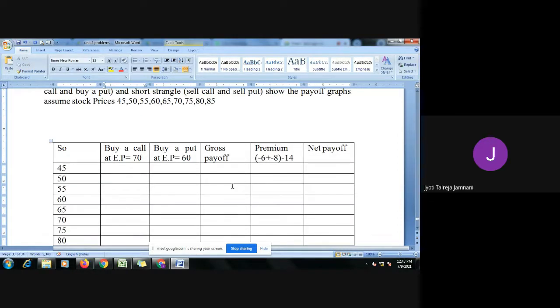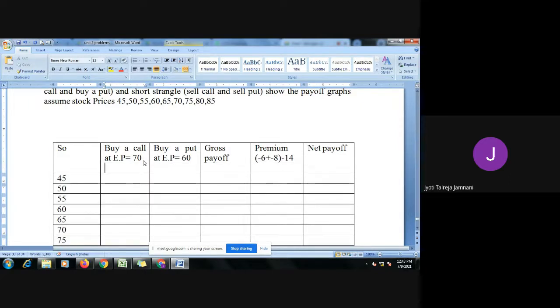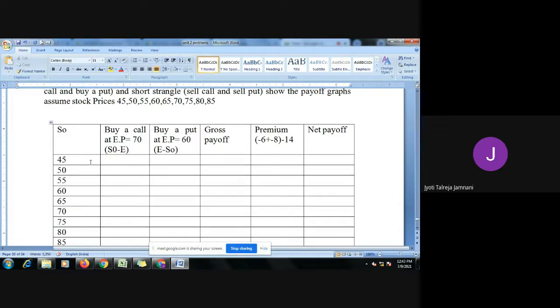Now that we have bought a call, remember the intrinsic value formula: S naught minus E. For a put, it is E minus S naught. So S naught minus E, 45 minus 70, there's a loss, so 0. 50 minus 70, 0. 55 minus 70, 0.